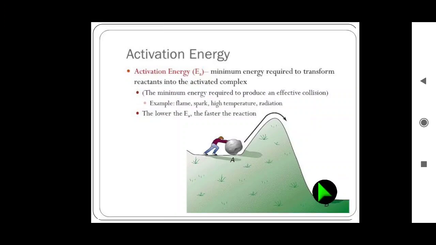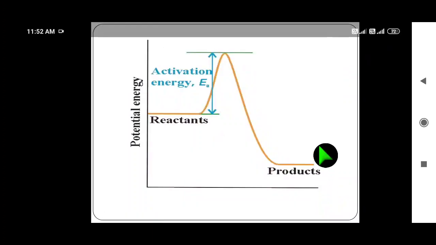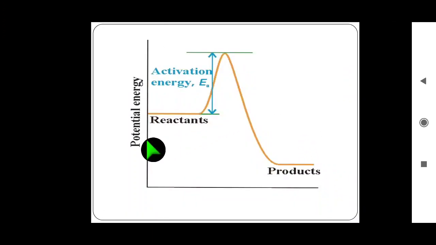Another diagram also talks about activation energy. Here the reactant is A, here B. Activation energy means this much height, denoted by EA.